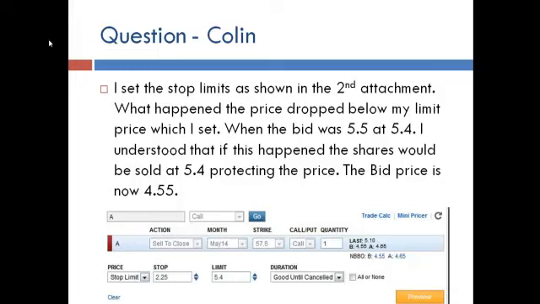And he said, I understood that if this happened, the shares will be sold at $5.40, protecting my price, which is right. When you limit it to $5.40, automatically it should be sold when it hits $5.40. And he said the bid price is now $4.55. So how come I set my limit to $5.40 and I wasn't filled, but now the bid is $4.55?